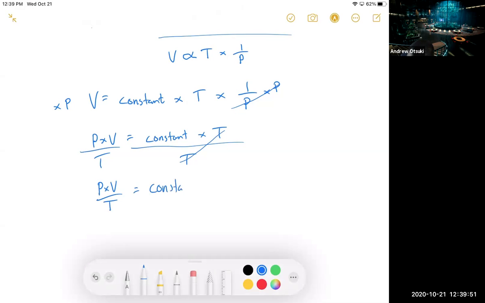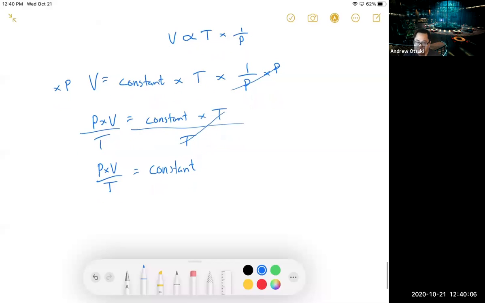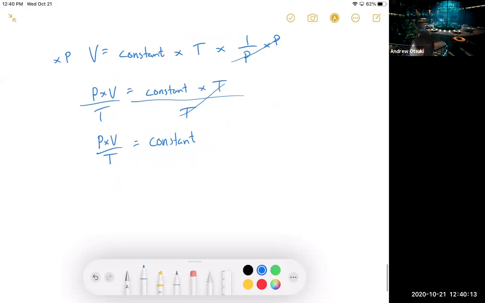So now we can say that, now that we know that there's a constant value for a given set of variables, we can equate a first set of variables to another set of variables. So remember we said that P1 times V1 over T1 equals constant.